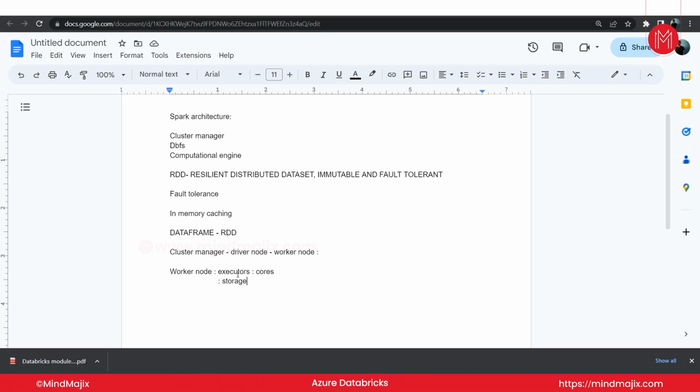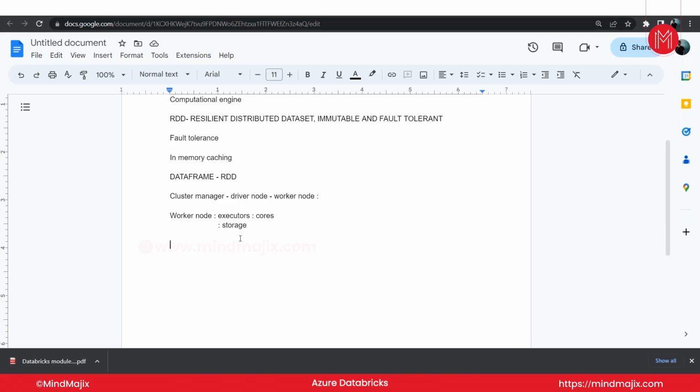Inside the worker node there are multiple executors, and inside the executor, the cores take up the task, process the data and give the output back to the driver node. The driver node consolidates this output and gives us the final result. So that is the whole story.